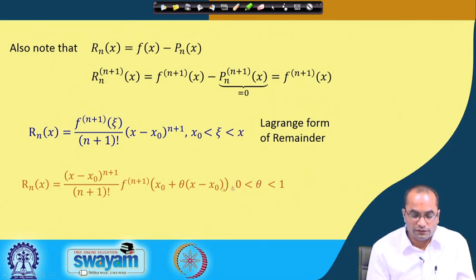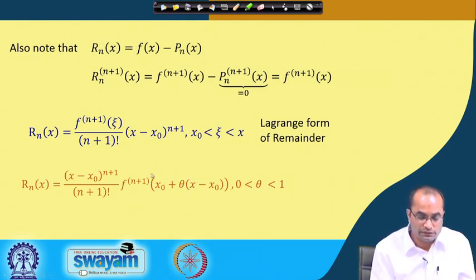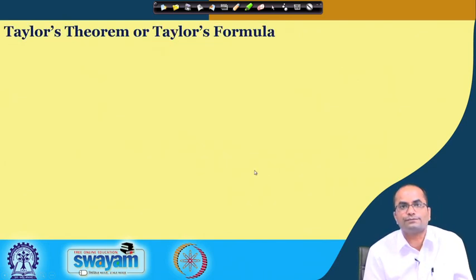So, here if theta is close to 0, then this argument here is moving to x_0. When theta goes to 1, this argument here goes to simply x. So, the argument of this f lies between x_0 and x. So, it has a similar meaning to what the other form has. So, we can rewrite this Lagrange form of the remainder in this form as well.